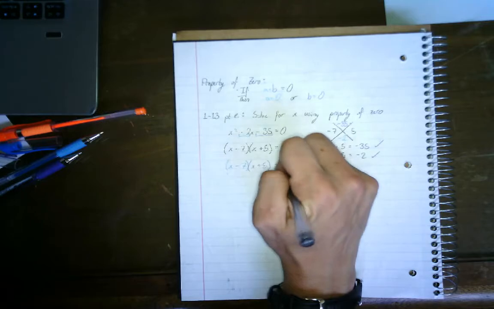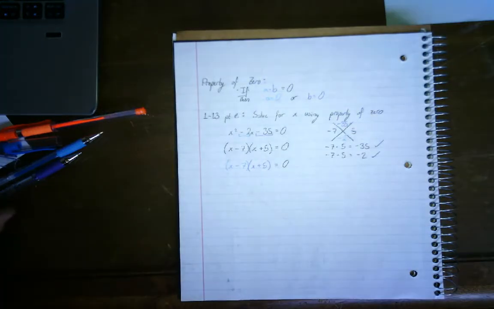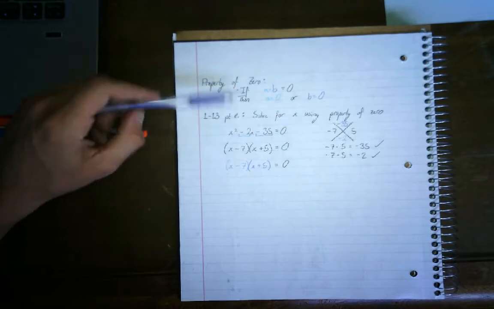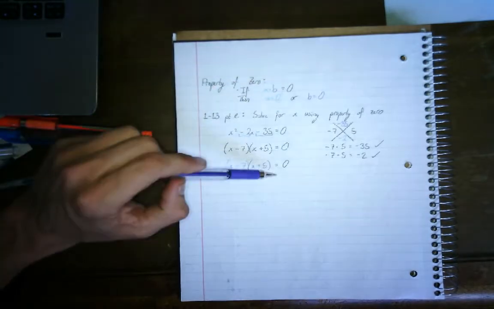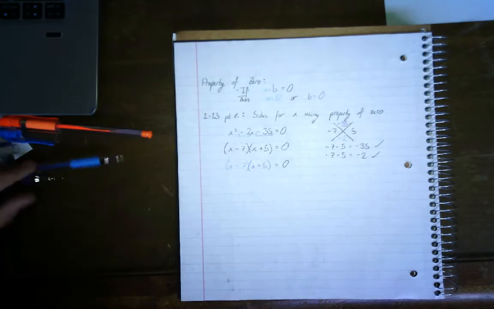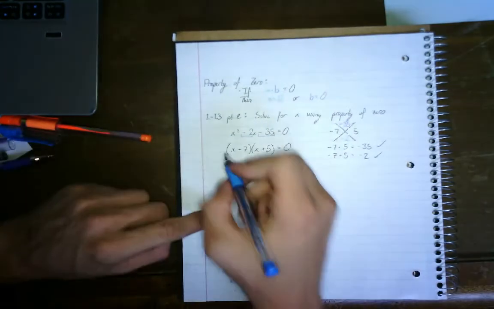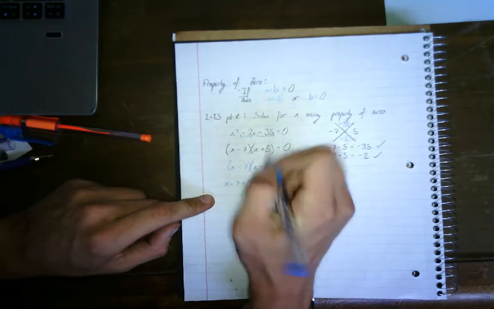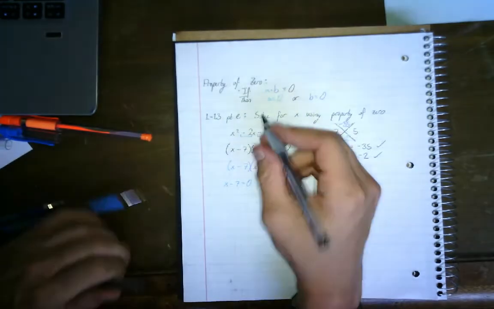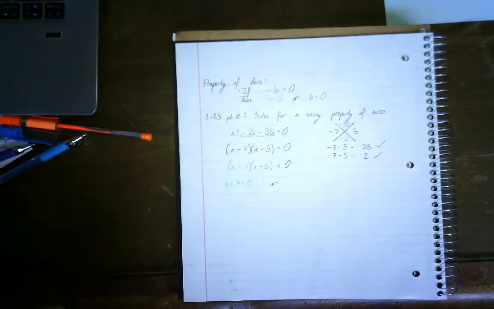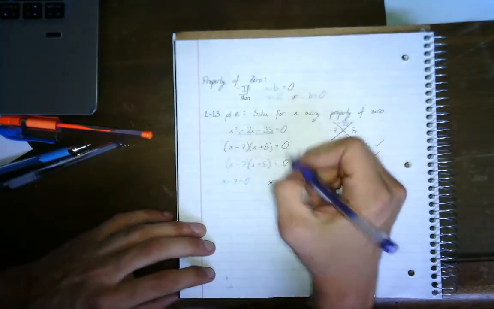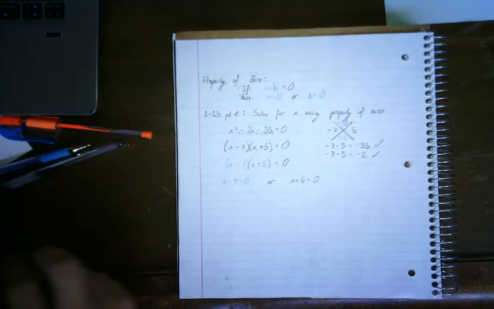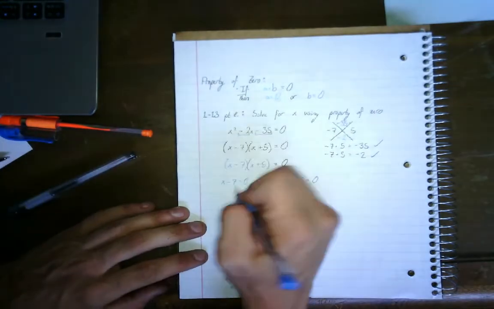So let's see how our property of 0 can be used here. If this times this is equal to 0, then we know that either x minus 7 equals 0, or the second value, x plus 5, is equal to 0. So it's just simply solving for x.